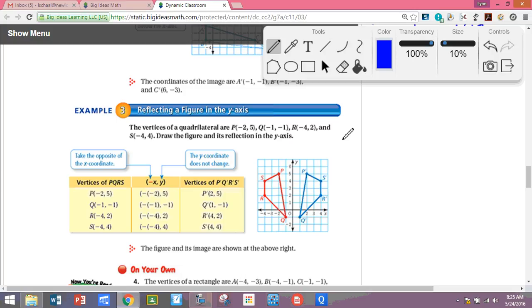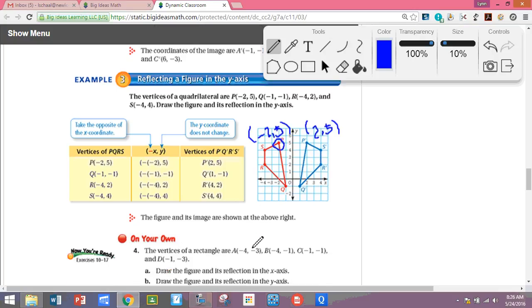So here, P has an ordered pair of -2, 5. The reflection of P is going to have the same y-coordinate, 5, but your x-coordinate changes from -2 to +2. So when reflecting along the y-axis, the x-coordinate changes and the y-coordinate stays the same.